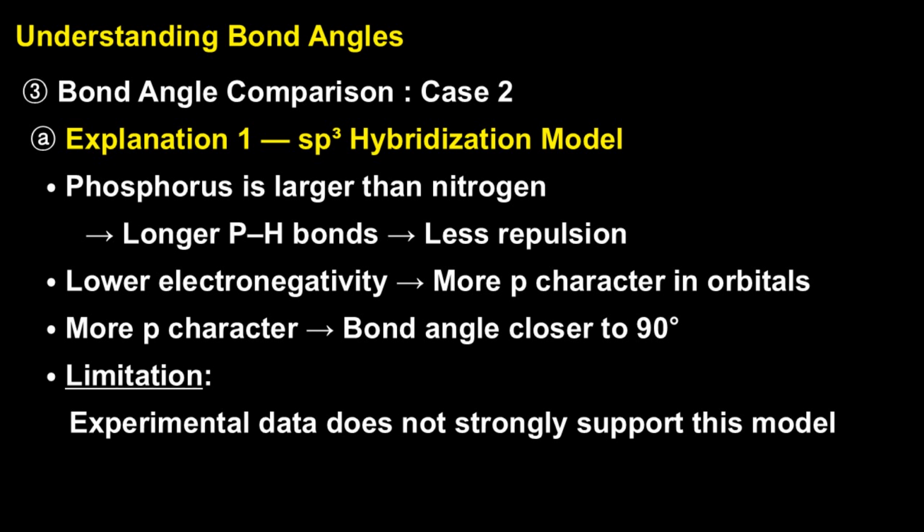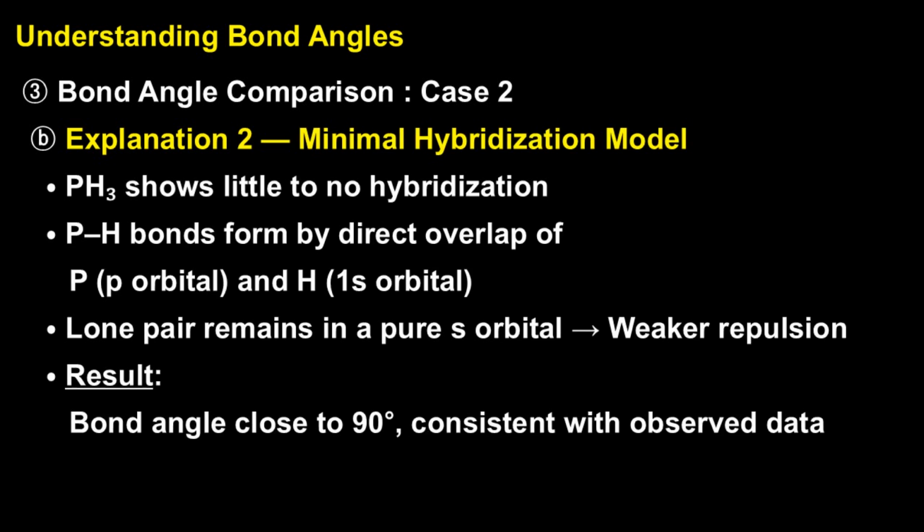But here's the catch. Experimental data doesn't fully back up this explanation. So the more widely accepted view is actually this: phosphine doesn't really hybridize much at all. Instead of mixing orbitals, the P-H bonds just form directly between the phosphorus p orbitals and hydrogen's 1s orbitals. And the lone pair?